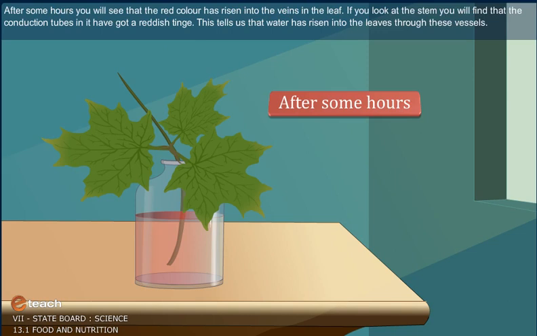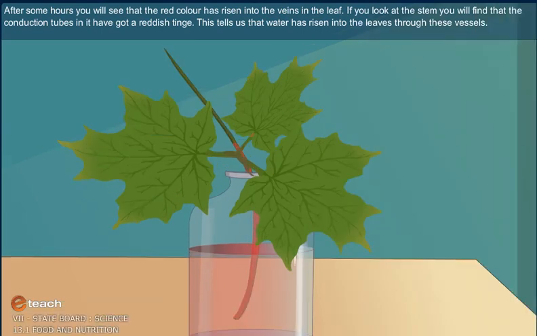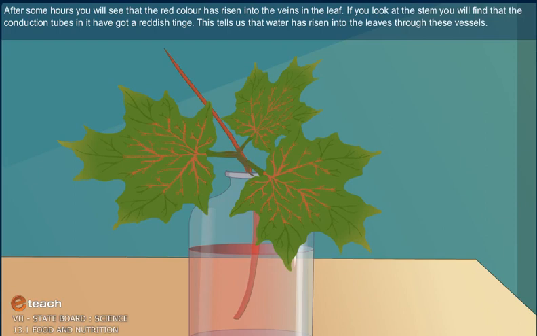After some hours, you will see that the red color has risen into the veins in the leaf. If you look at the stem, you will find that the conduction tubes in it have got a reddish tint. This tells us that water has risen into the leaves through these vessels.